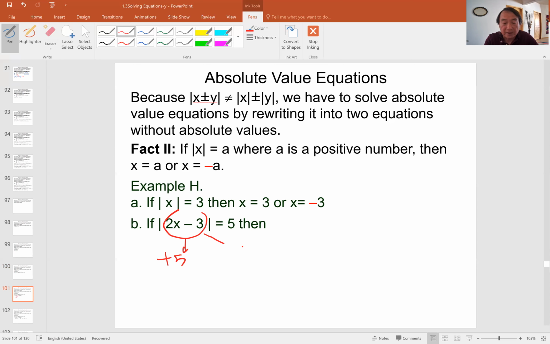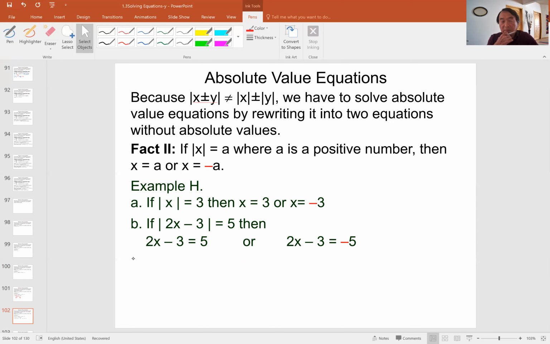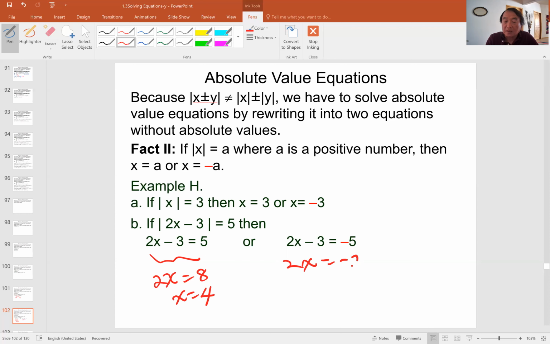It could be 5 in here, it could be minus 5, and each one produces an equation. And then from the equation I can solve for x: 2x equal to 8. So from this one I get x equal to 4. From this one I get 2x is equal to minus 2, and add 3 to it, and I get x equal to minus 1.